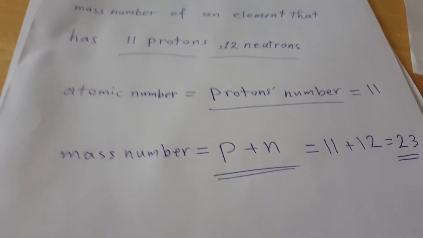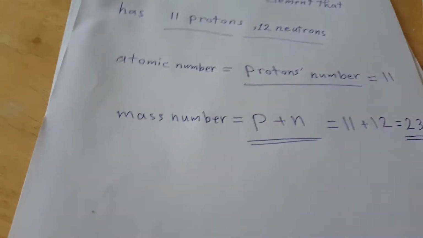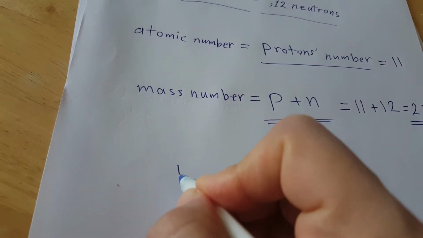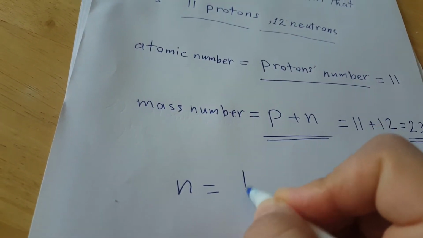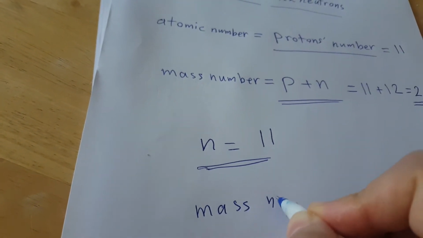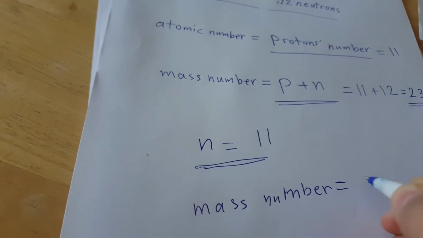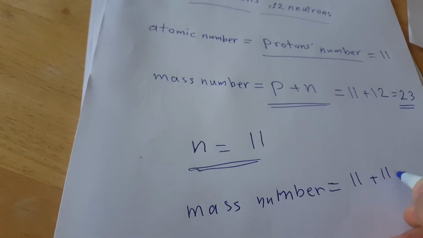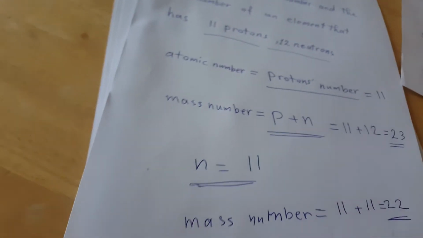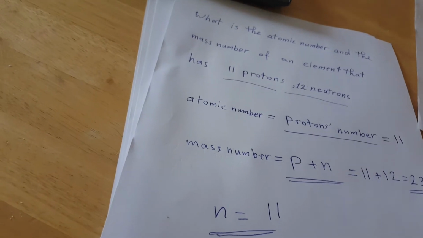So its mass number, if they said that neutrons are 11, so the mass number will be 11 plus 11 will be 22. So for all of the isotopes, they take the average, and this is the atomic mass that you see.